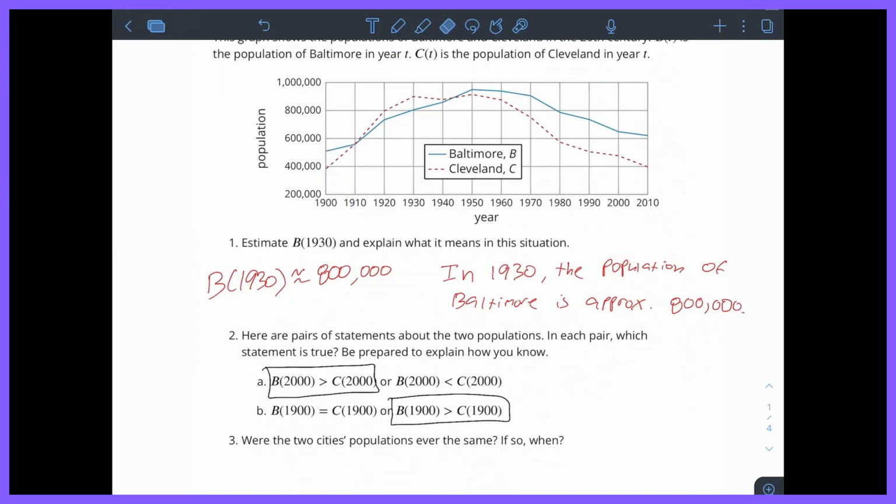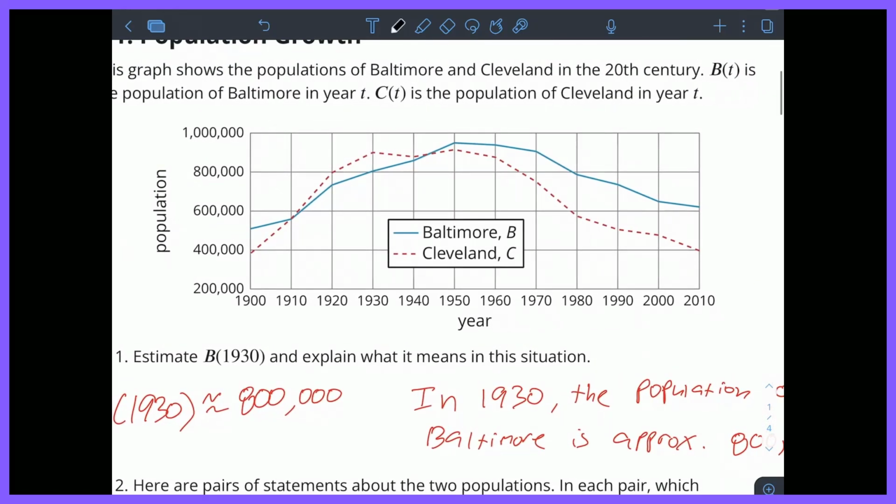Last question in this set. Were two cities' populations ever the same? If so, when? Well, for them to be the same, essentially the red line and the blue line have to intersect one another. This happens twice in the graph. Once right here in the year 1910, and a second time right here, approximately, maybe we'll call it 1943.